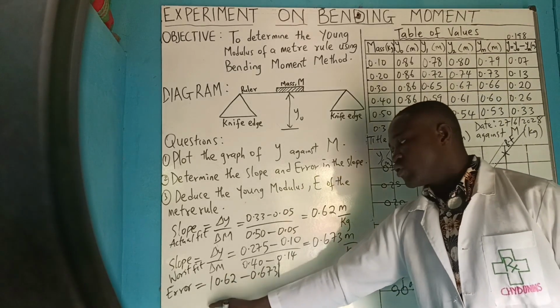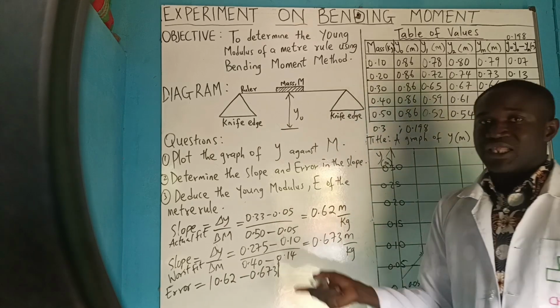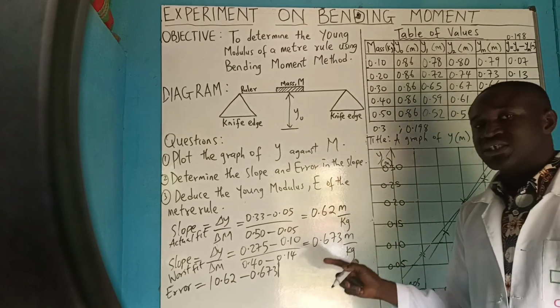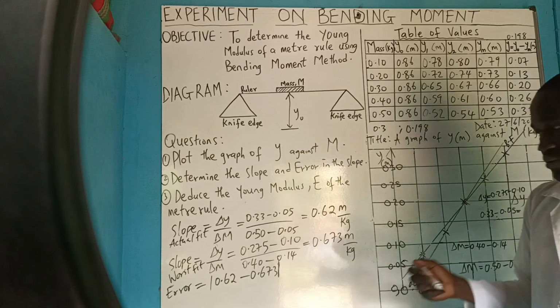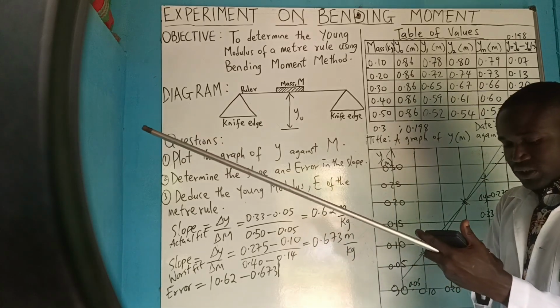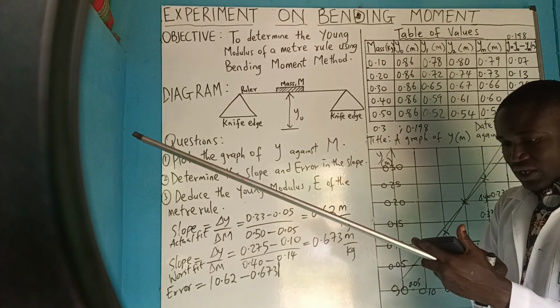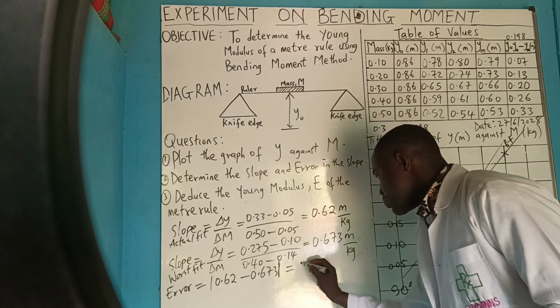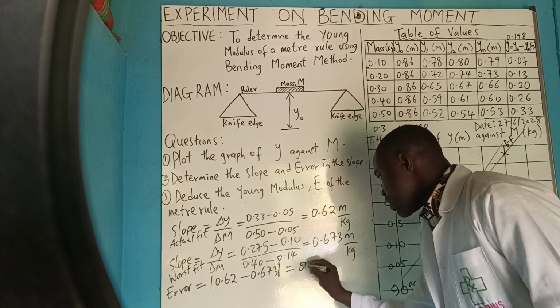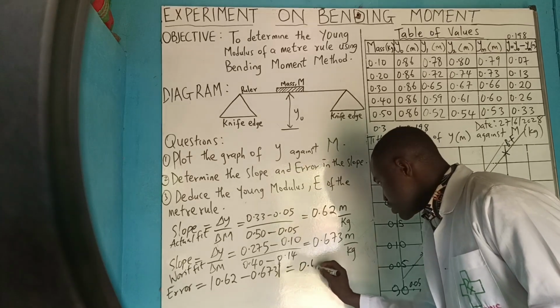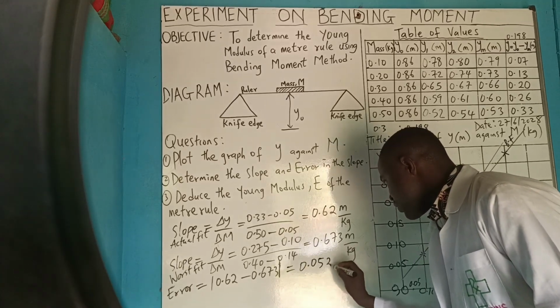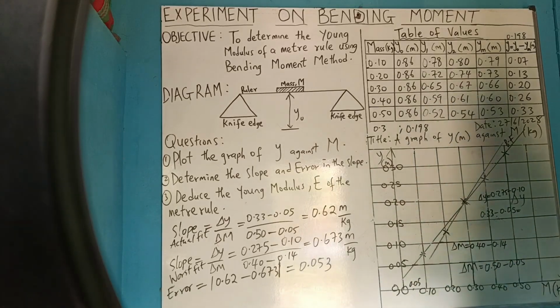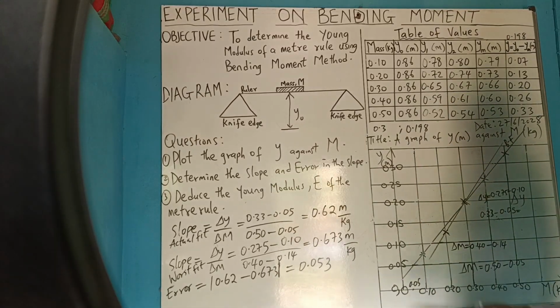Modulus means if you get negative, forget about the negative. If you get positive, take the positive. So we say 0.62 minus 0.673. What will it give you? Modulus of it is 0.053. So that is the error in the slope.